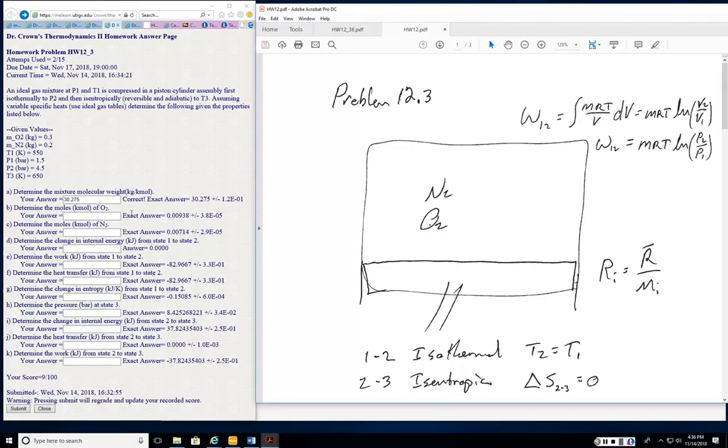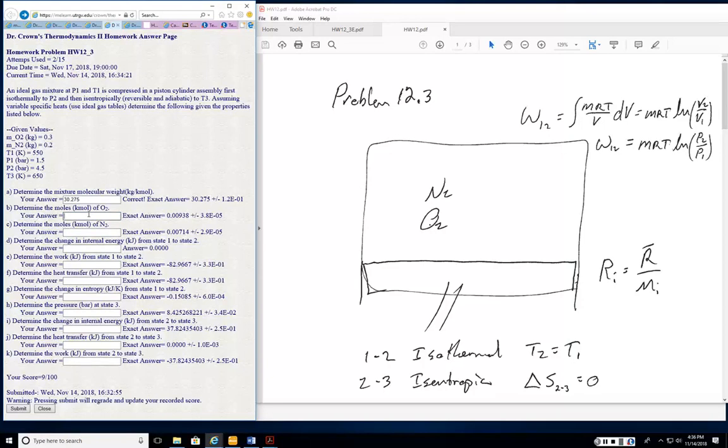So when I find the moles of O2, I get 0.00938, N2 0.00714, and then I can come back to this first step and take 5.5 kilograms divided by 0.00938 plus 0.00714, and I'll end up with 30.275. Right, so that gets me through these two.